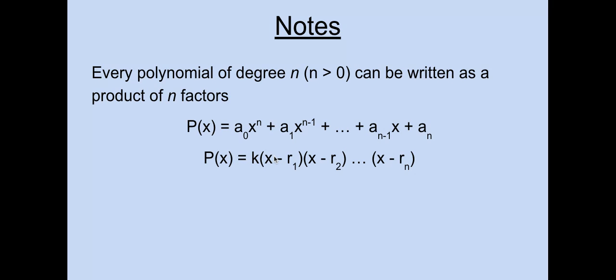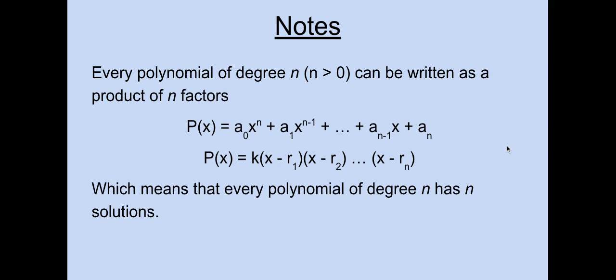Just like a quadratic has a power of 2 and there are 2 factors, this has a power of n, so there are n factors, which means every polynomial of degree n has n solutions. I'm not saying they're all real solutions, or that some can't be doubled, but there are always n solutions.